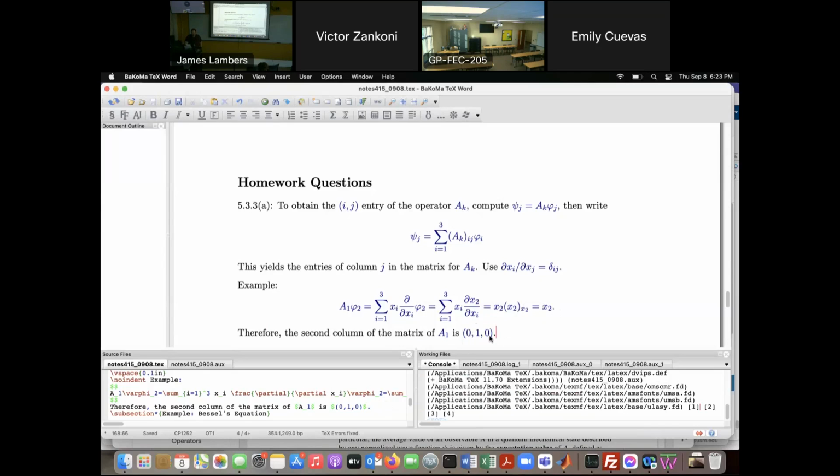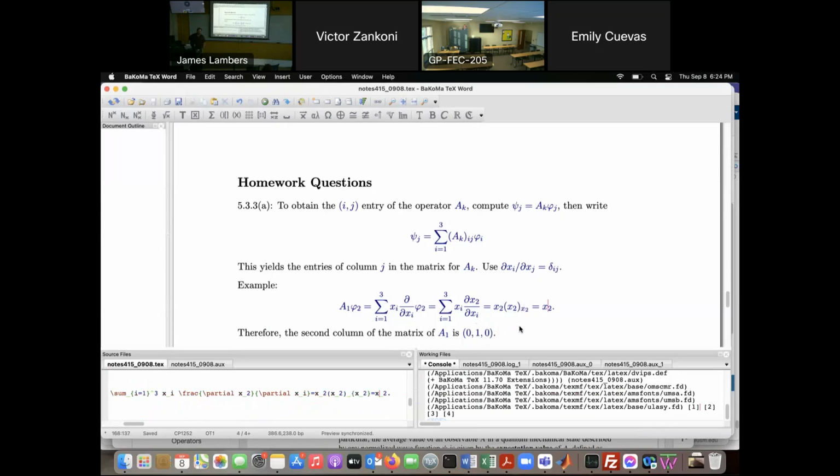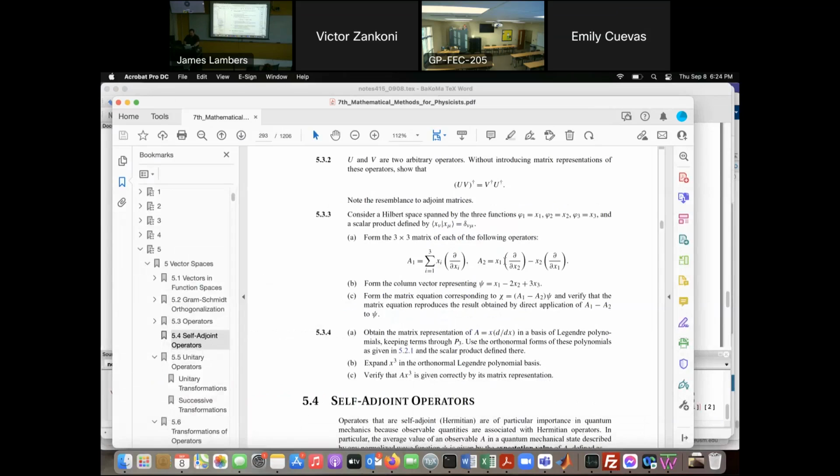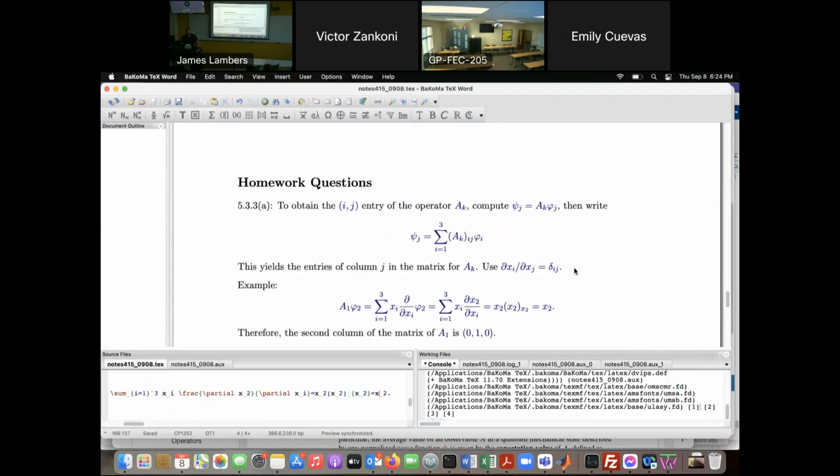There's no x3 either, so this coefficient is 0, and then we just have a plain little x2, so this coefficient is 1. Okay. Not a very interesting example out of it. I think one of A2 would be more interesting, because for that one there's more of a chance of getting non-zero terms. I think most entries of the matrix of A1 will be 0.